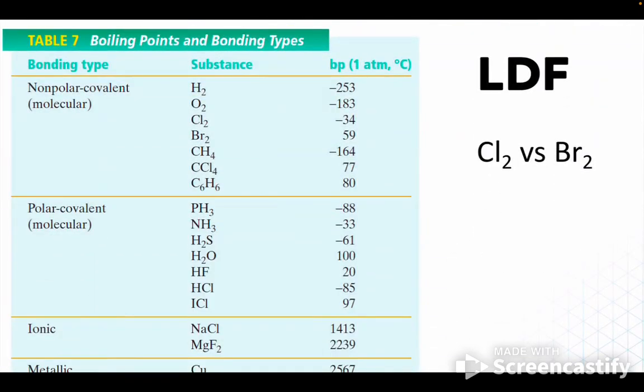So then we can also look at boiling point. If we look at, for example, chlorine compared to bromine, let me make these a little bit easier to read. The bromine has a significantly higher boiling point. They're both nonpolar molecules.